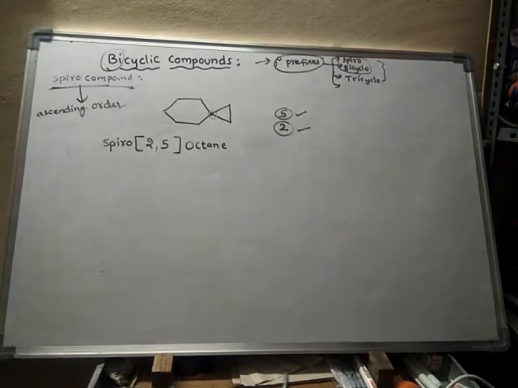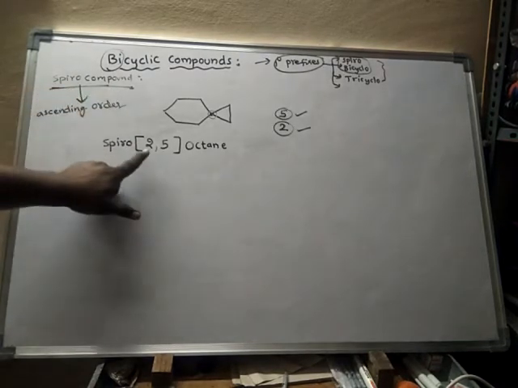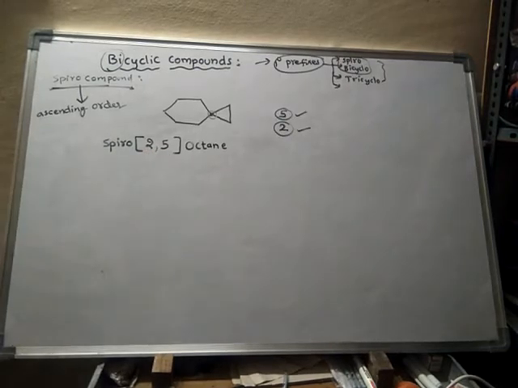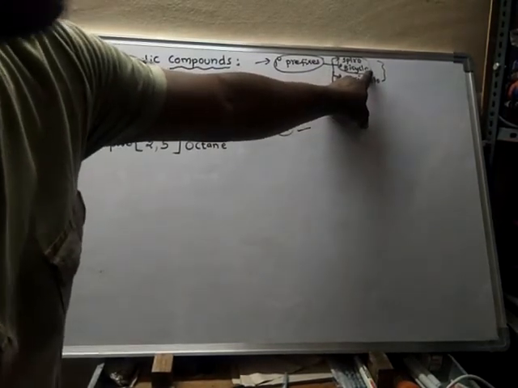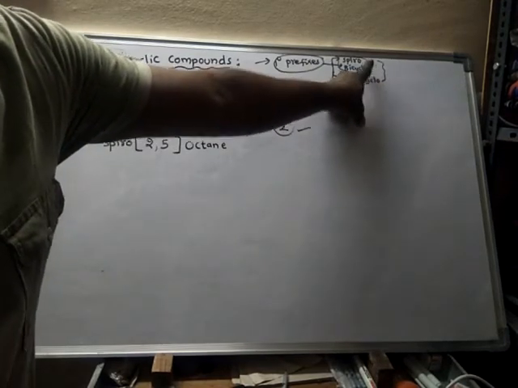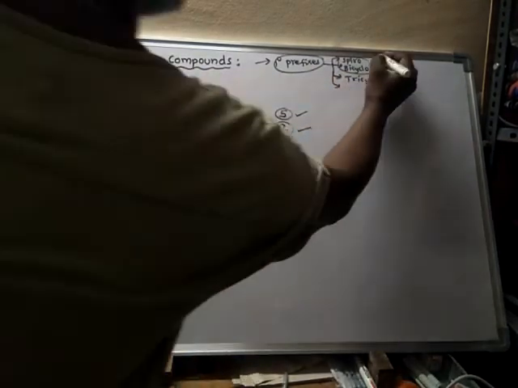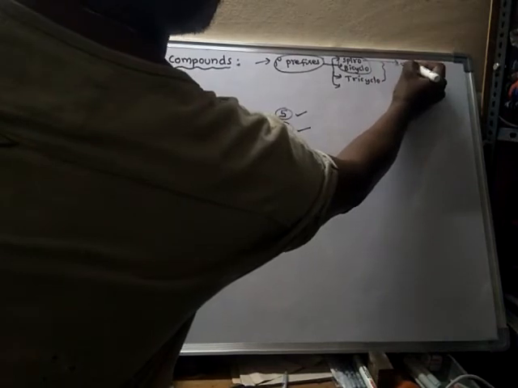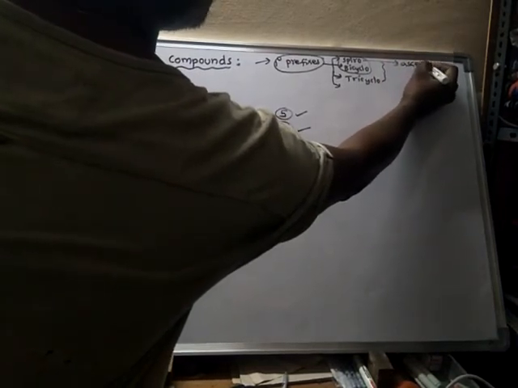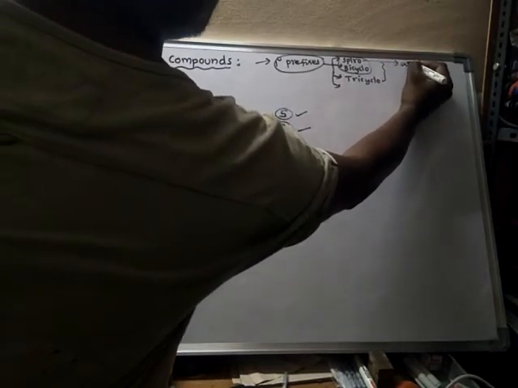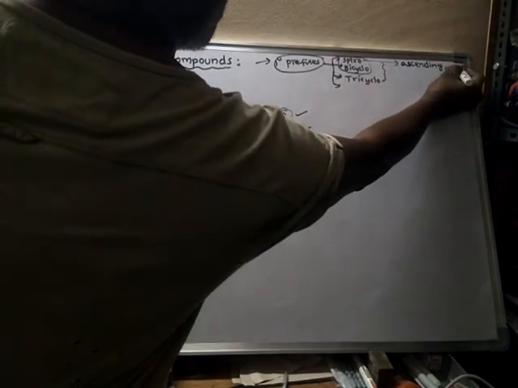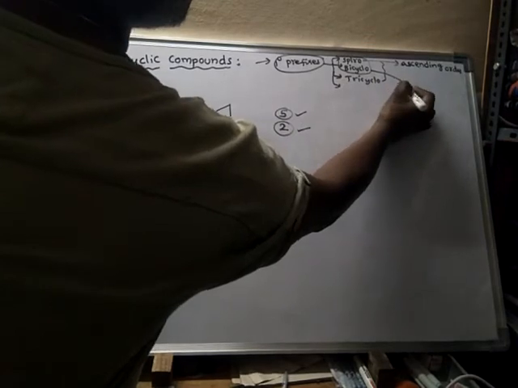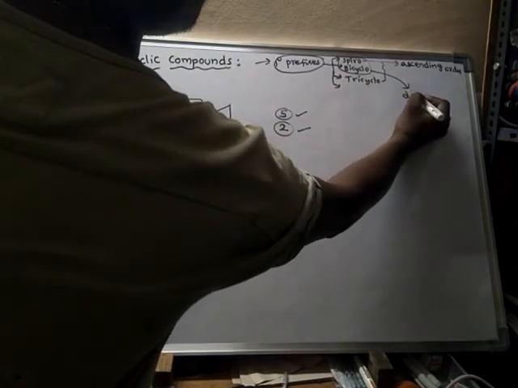Remember that while writing spiro compounds, these numbers should be written in ascending order. For bicyclic compounds, they should be written in descending order. Spiro compounds follow ascending order, whereas bicyclo compounds follow descending order.